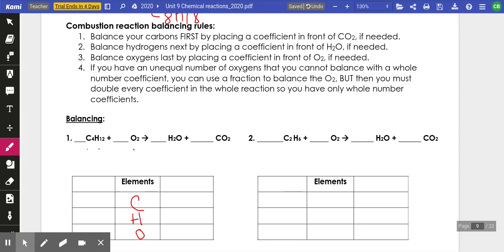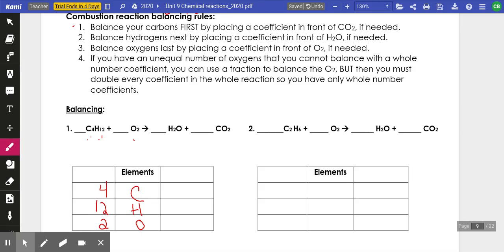If you take a look at my first bullet point here under balancing rules, it tells me to balance my carbons first. So in order to know how to do my balancing, I've got to add up all my carbons, hydrogens, and oxygens on each side of the arrow. I've got 4 carbons on the reactant side, 12 hydrogens, and 2 oxygens.